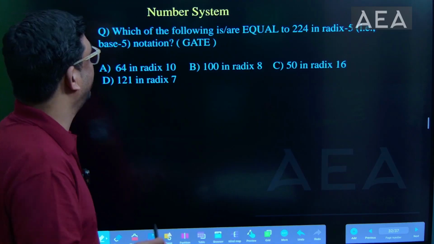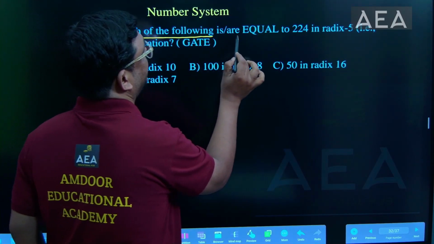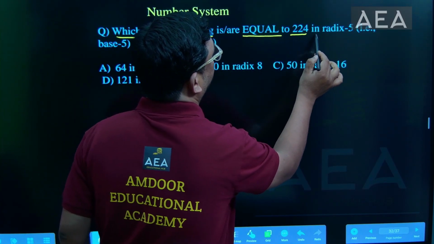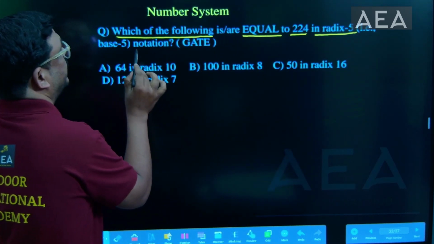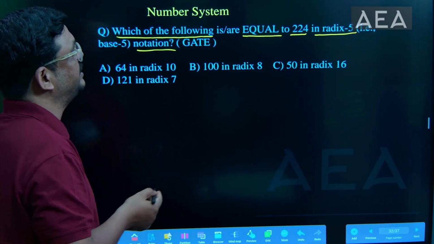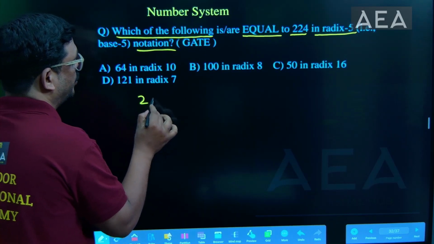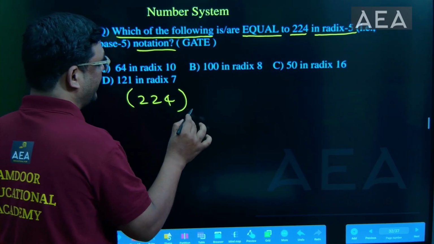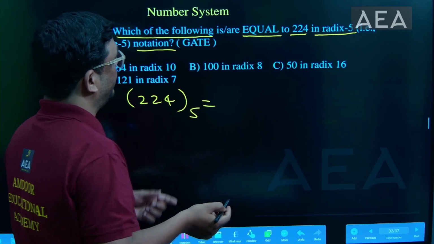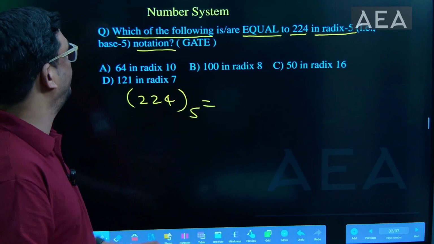Another previous year GATE question. Which of the following is equal to 224 in radix 5 notation? So here one number is given, 224 radix 5. Then in the given options, a few numbers are there.